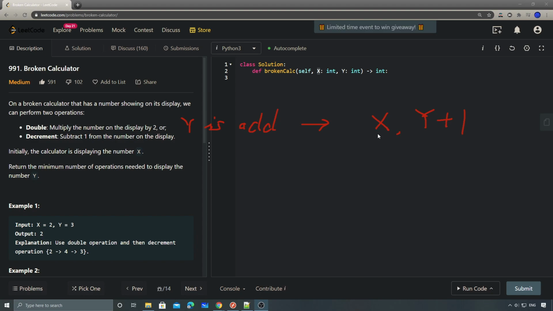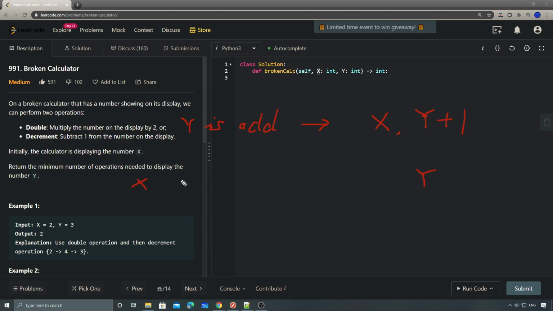So why do we recurse to x and y plus 1? Let's say we have x and we have y. The x will go through a lot of multiply by 2 and decrement by 1.